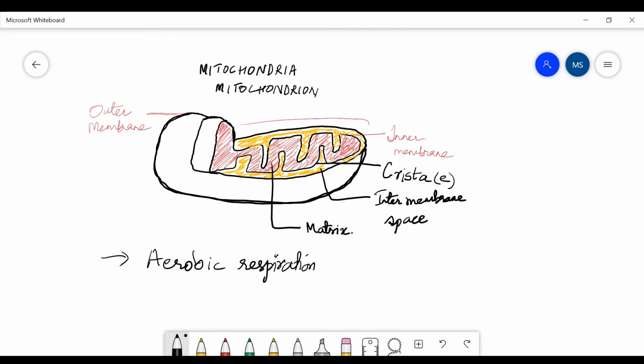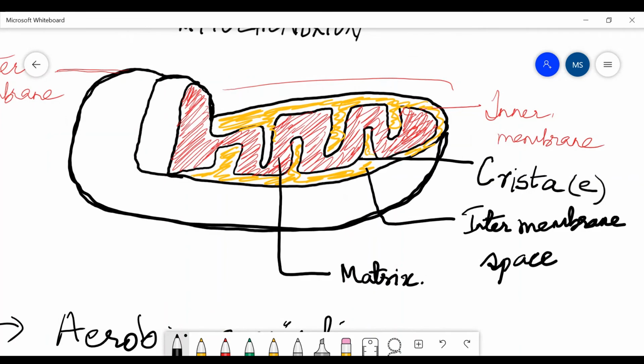The matrix also possesses single circular DNA. So let us draw single circular DNA molecules over here. Here I'm using the green color indicating these DNA molecules.